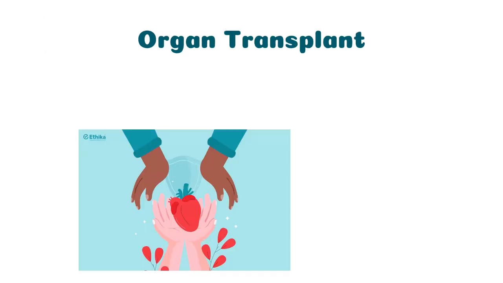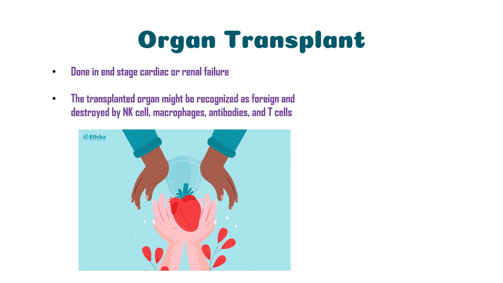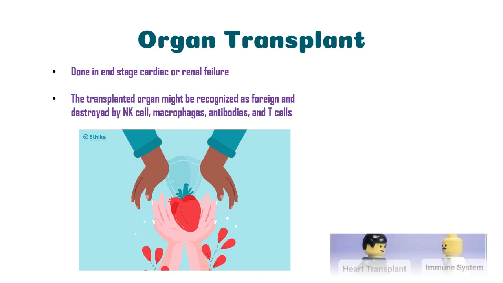So sometimes in cases of heart failure or kidney failure, an organ transplant is needed. But when this organ is introduced into our body, it might be recognized as foreign by our immune system. So our immune cells might start to react against these tissues or organs and destroy them.